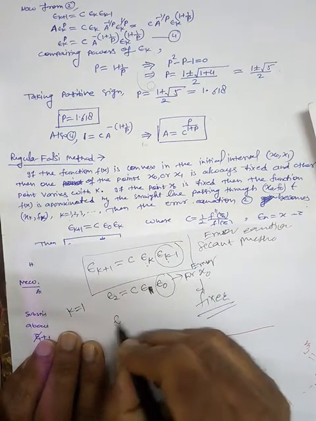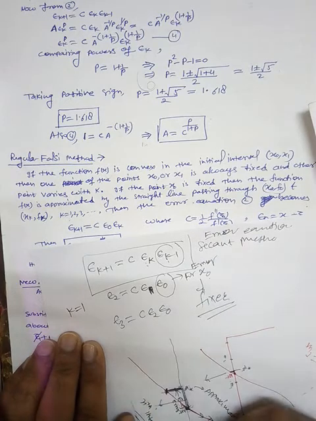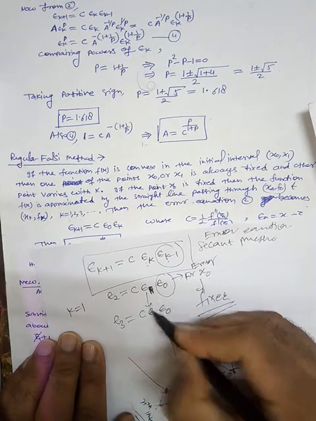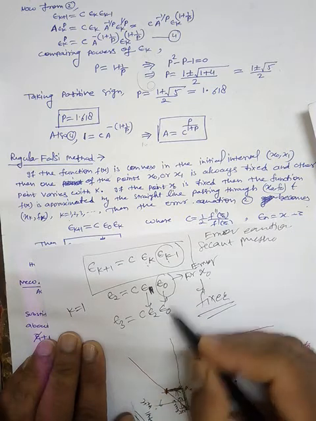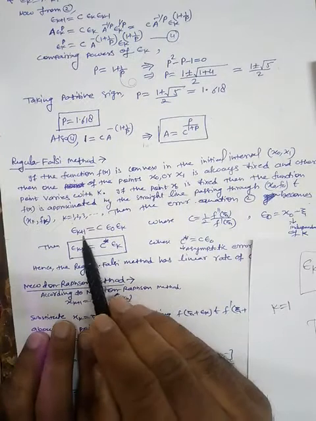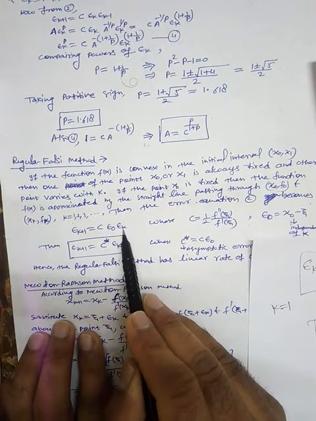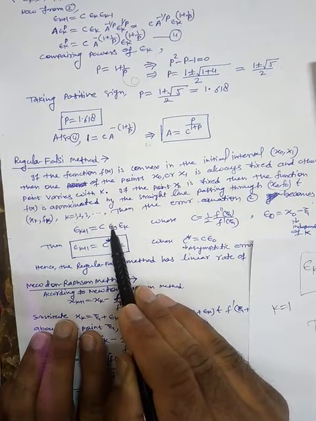In the next iteration you will see that epsilon 3 is C epsilon 2 epsilon naught. So this varies but this is fixed. This will keep changing but this remains as it is. So in general you can say that epsilon k plus 1 is equal to C epsilon naught epsilon k. This is for the point x0.